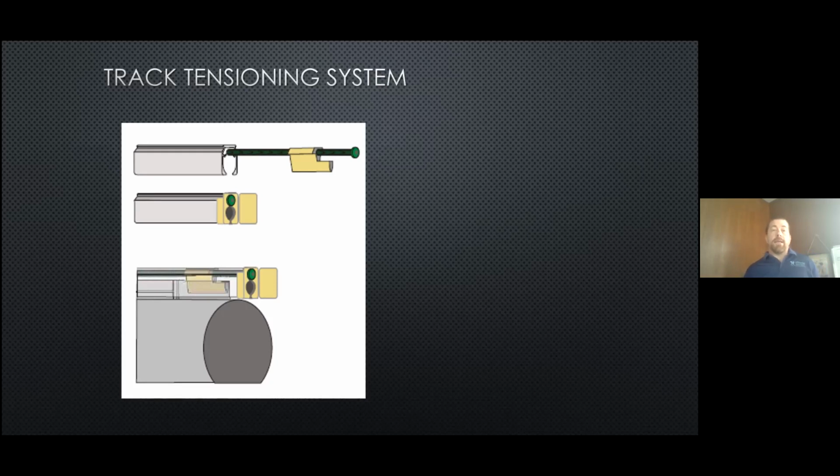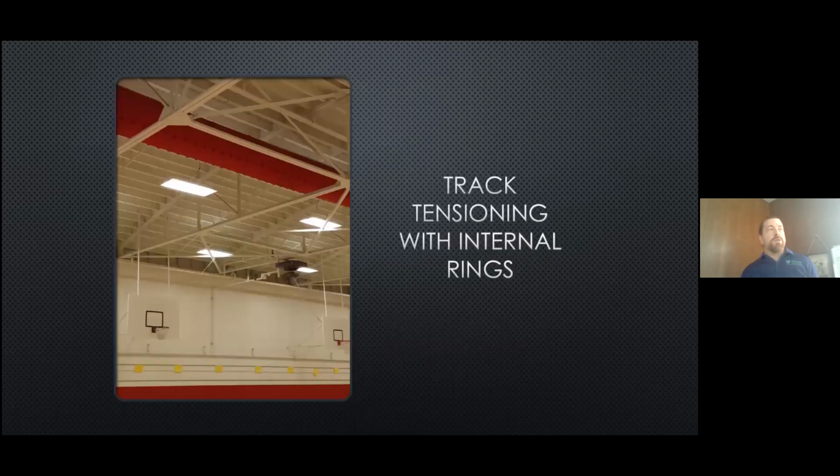When that rod is tightened, it's going to pull that tab back and tighten the entire fabric across the internal supports. So when we've got those internal rings, it'll pull the fabric tight across the top of those and maintain that overall shape. This is a picture of an installation that we've done using these.